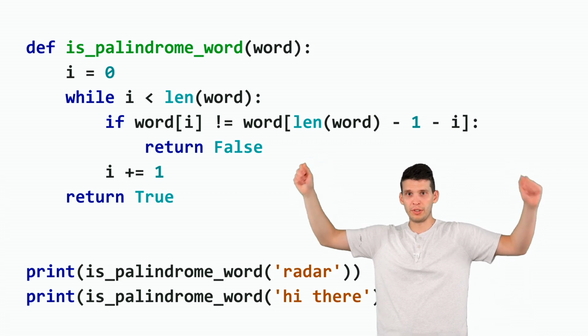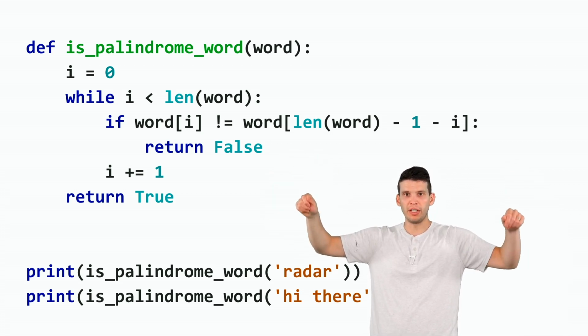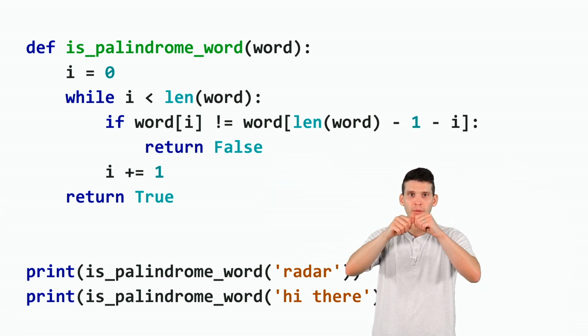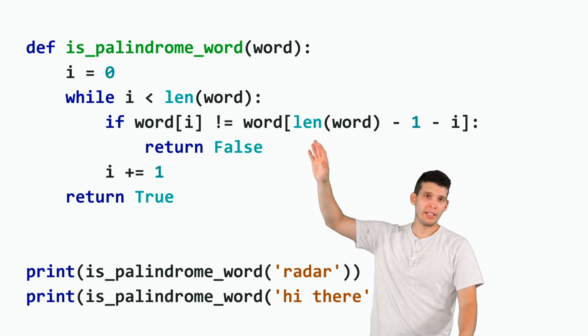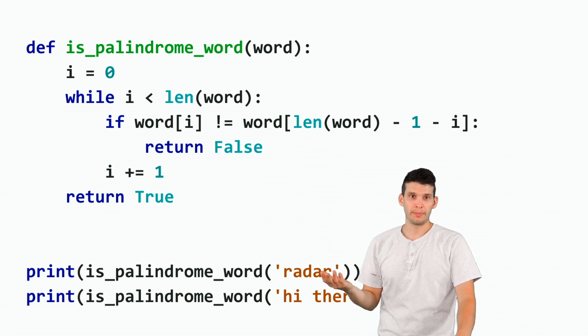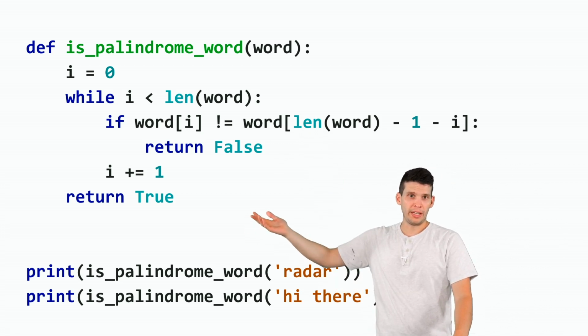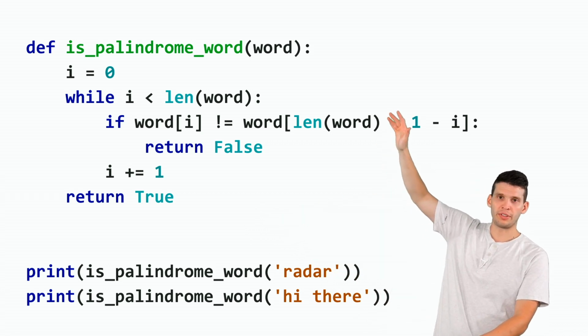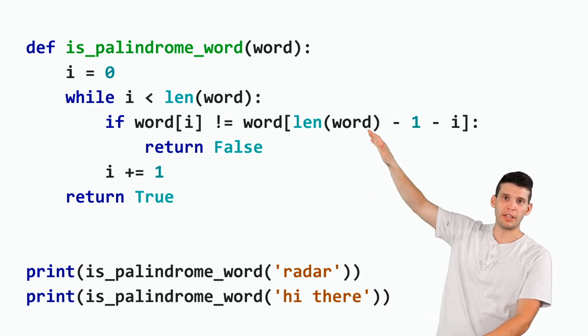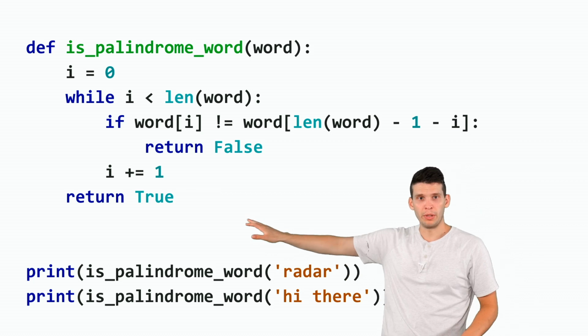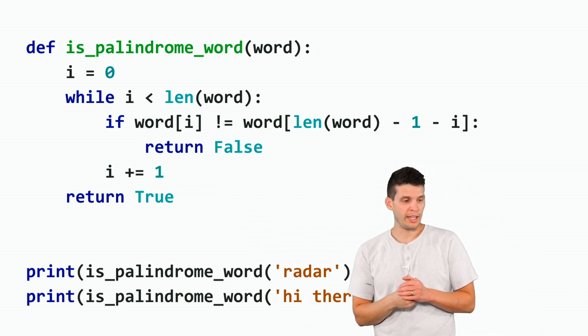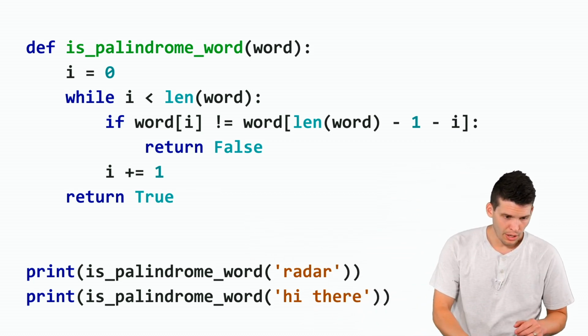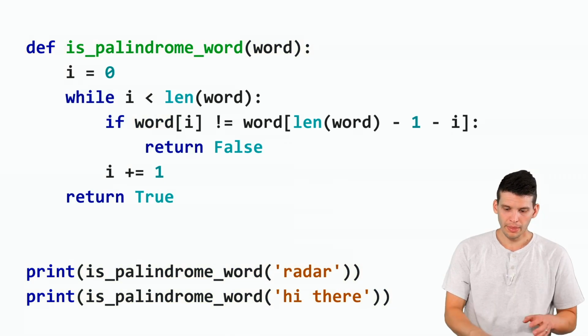So we'd get the two ends, and then the next one's in, and the next one's in, and keep comparing those. And if we see any that are not equal, that would indicate it's not a palindrome. And then if we get through the whole thing and this if statement condition is never true, then we just return true, indicating that it's a palindrome. So that just saves us one line of code.